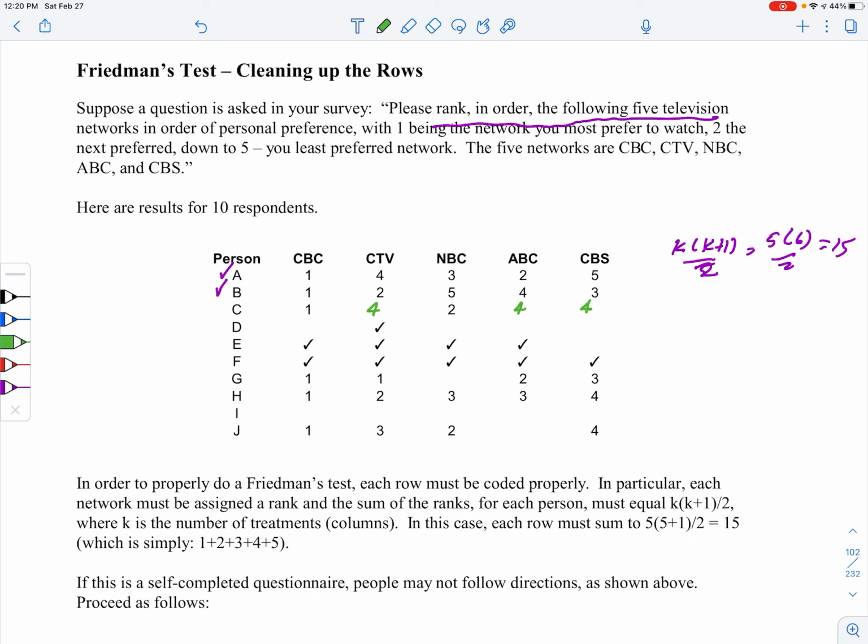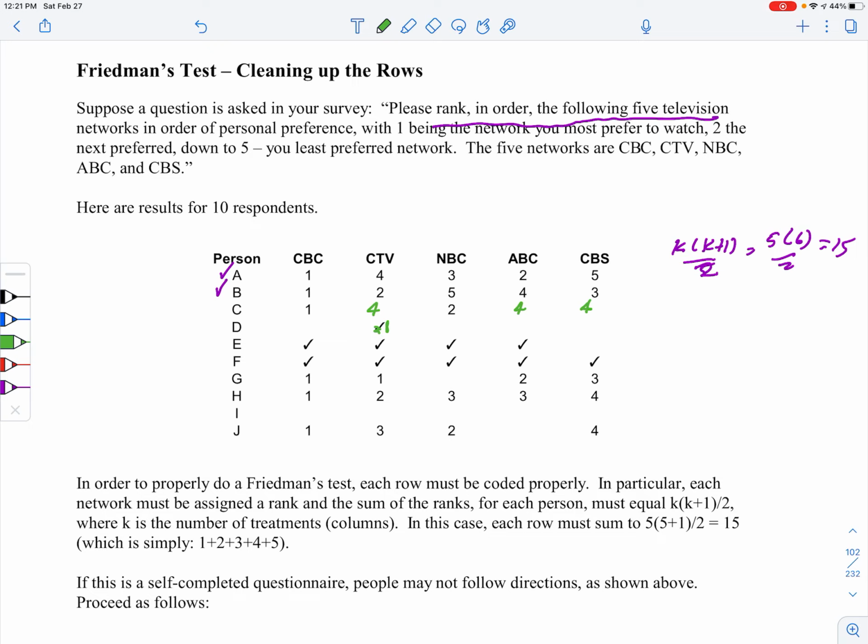Sometimes what you find is that people will checkbox these instead of putting in a number. So if you take a look at person D here, what they've done is they've put in 1 check, and that's for CTV. So what we do is we change that to a 1. And then we say, okay, now they're indifferent between the other ones.